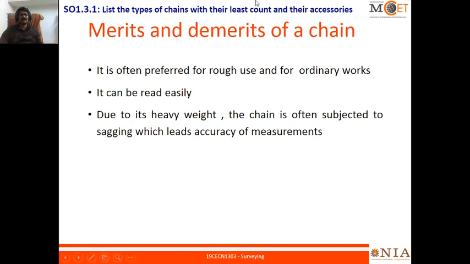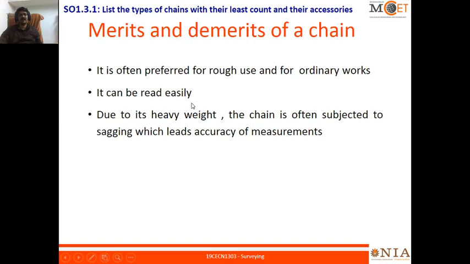Still the chain is applicable currently, it is not obsolete. But the tape gives measurements in very small units compared to the chain, but it cannot be handled roughly, and we cannot use it in rugged terrain or forest, since it may get torn off.